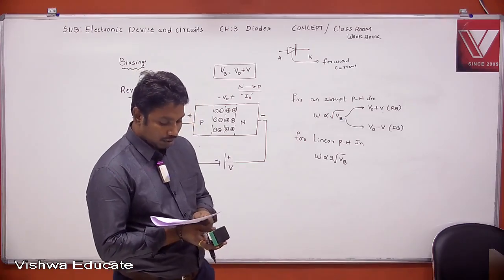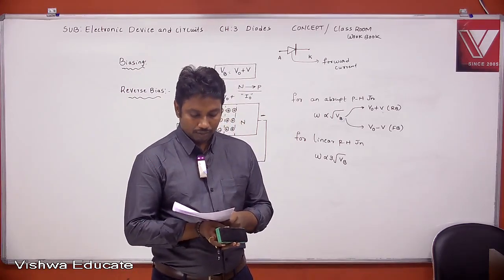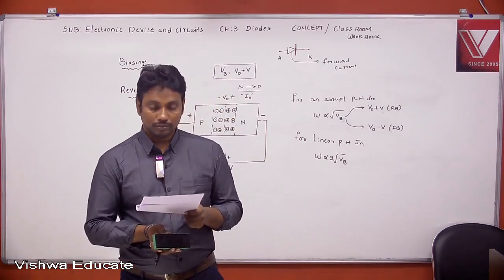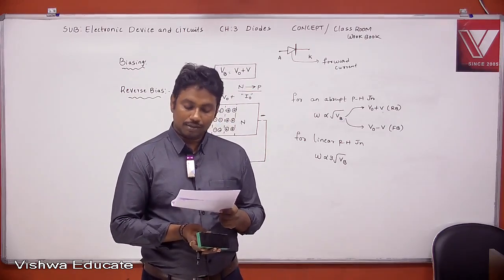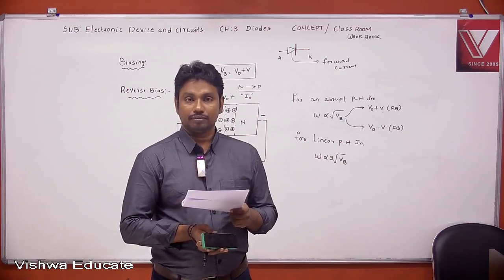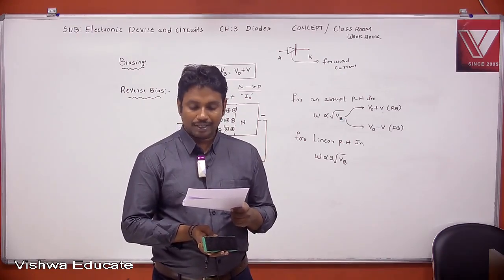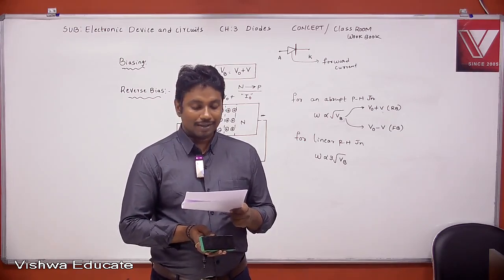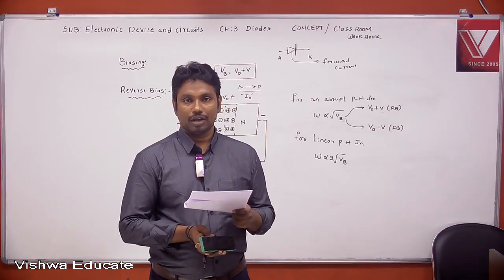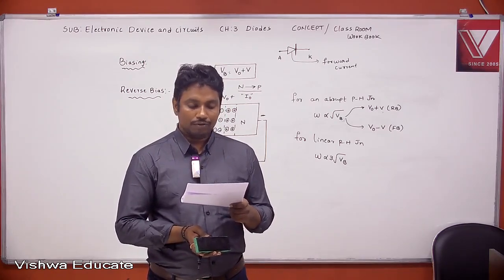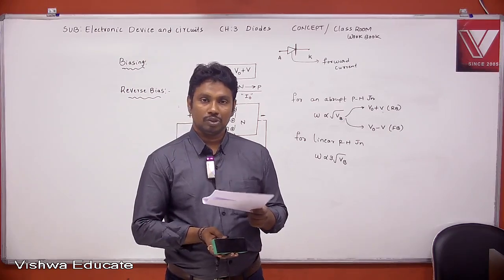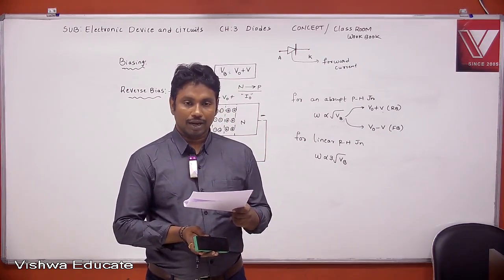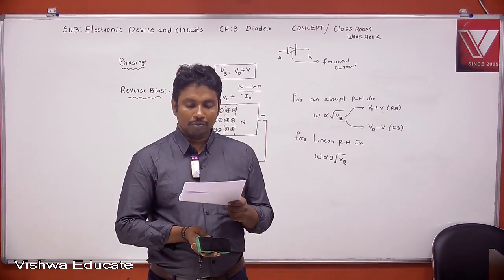In classroom workbook, question number 3. Write down: an abrupt p-n junction has a built-in potential of 0.7 volts, and has a depletion width of 2 micrometer at a reverse bias of 1.3 volts.